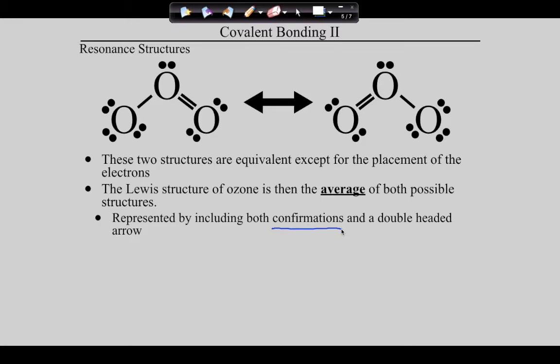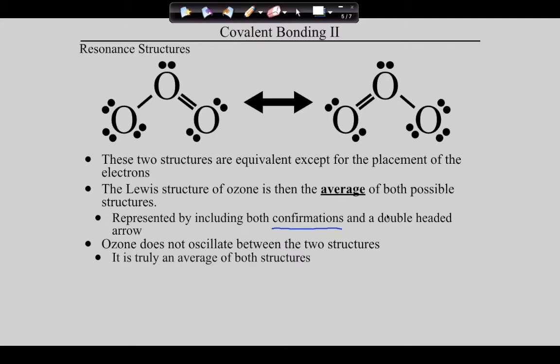One of the words that we will use to describe this is conformations. And then you put a double-headed arrow between them to show that they both exist partially simultaneously. And again, as Jessica got us thinking, these things do not isolate or oscillate. They truly are an average of both.